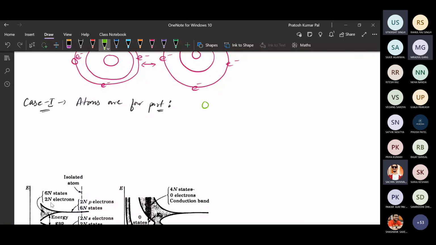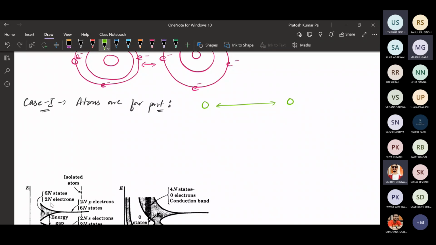Interaction means whatever interaction in terms of electric field or atomic interactions.